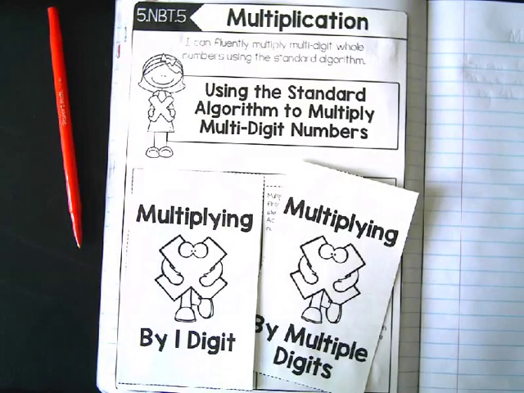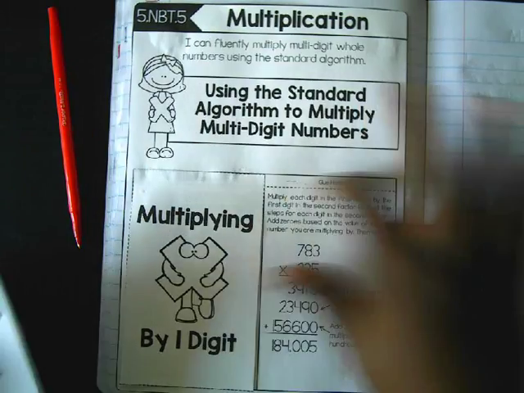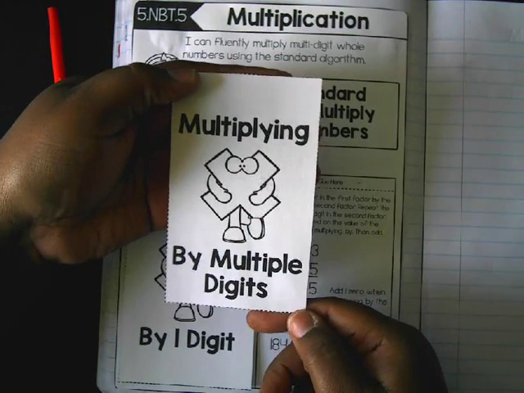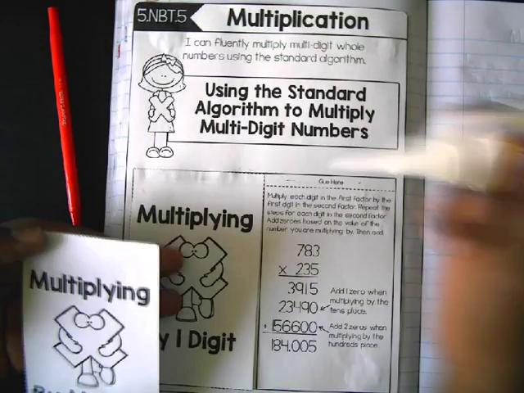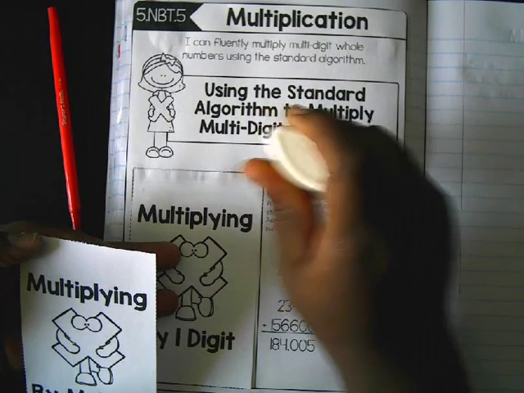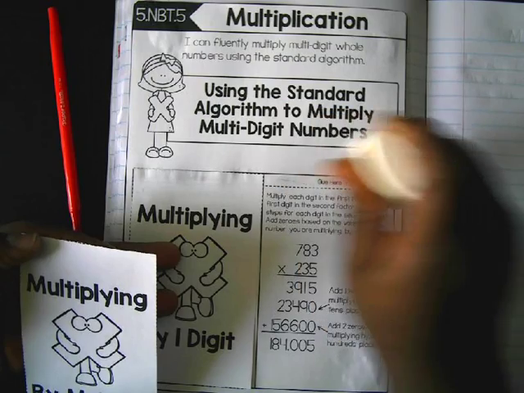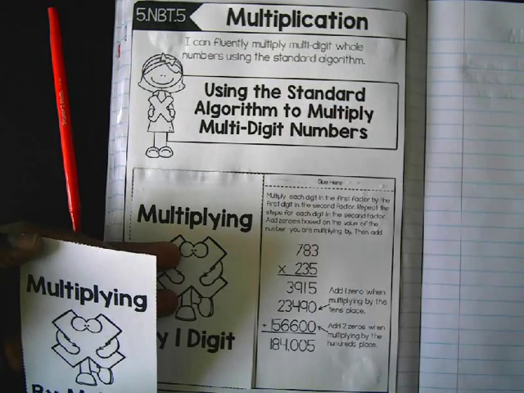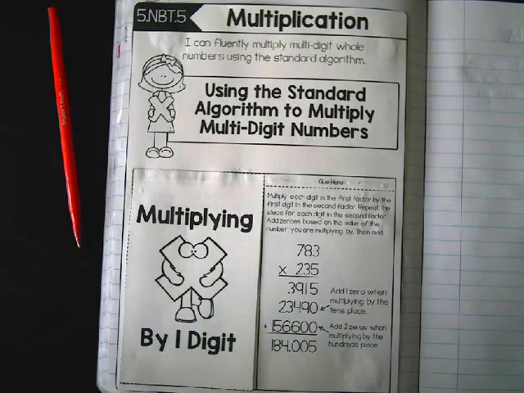And then the second one is multiplying by multiple digits. Put the glue on, thin line, keep it fine, and then place this right here.